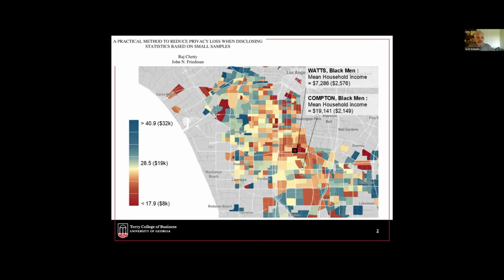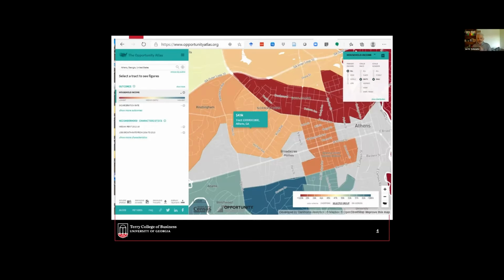And so here's a map that's generated from the Opportunity Atlas data, which allows us to see, for instance, that Black men who grew up in Watts 30 years ago have mean household income around $7,286, whereas men who grew up in nearby Compton ended up having mean household incomes more than twice as high, around $19,000.